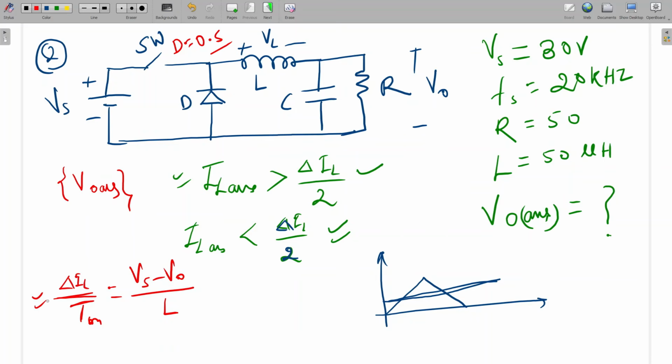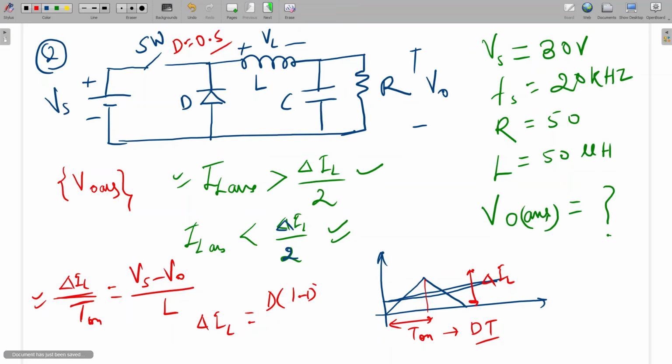Is it clear to all? This is delta IL, and this is the on period, T on. T on we can write as duty into total time period. So delta IL will be, with VO equal to dVs, D into 1 minus D Vs divided by L into F.